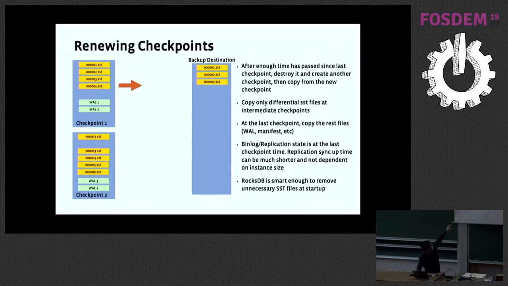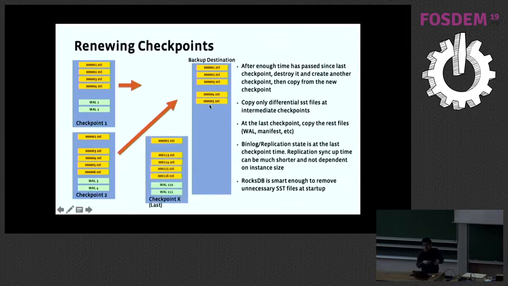Then new files like 5 and 6 are created. Then copy the differential files; in this case 4, 5 and 6 are newly created. So start copying 4 and 5, then repeat, creating checkpoints multiple times. In the last stage, copy all of the SST files, the write-ahead log and the manifest files.